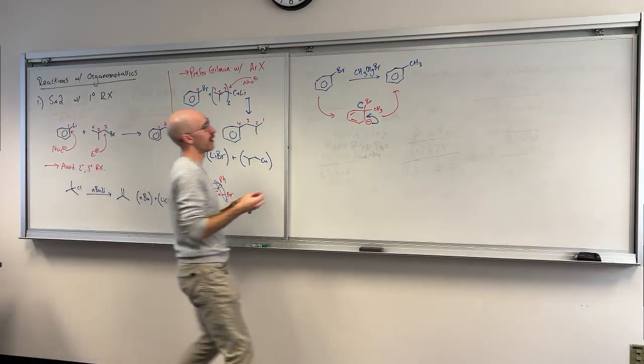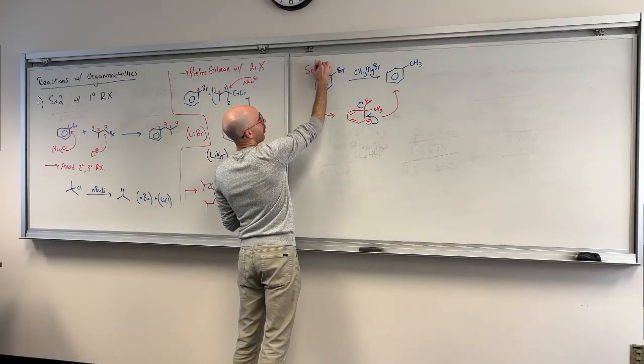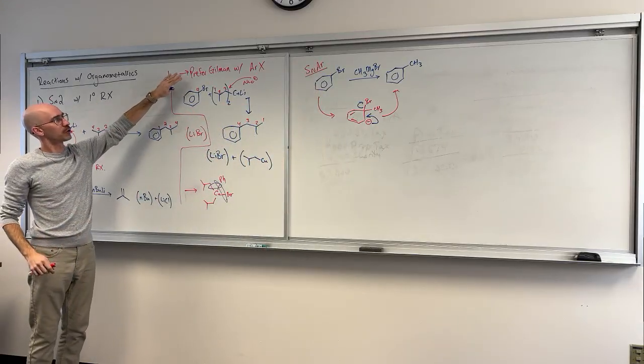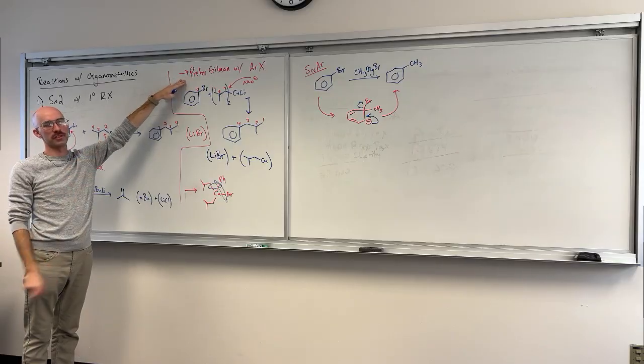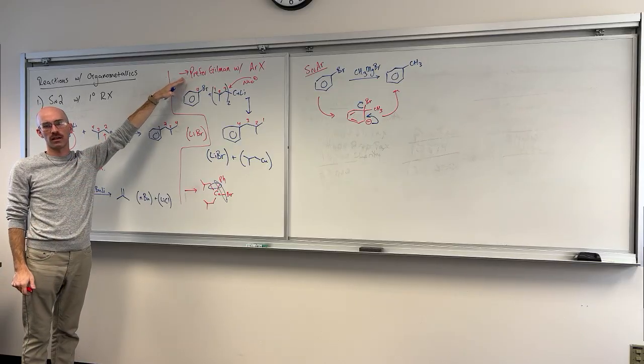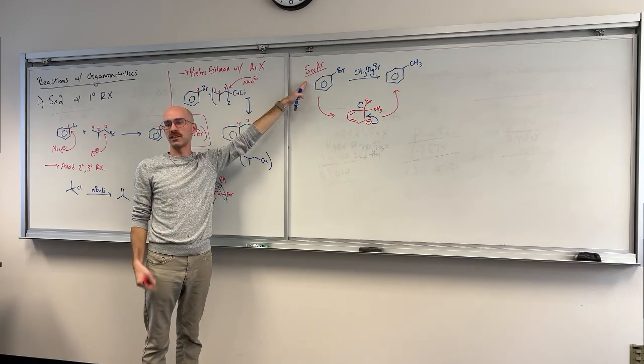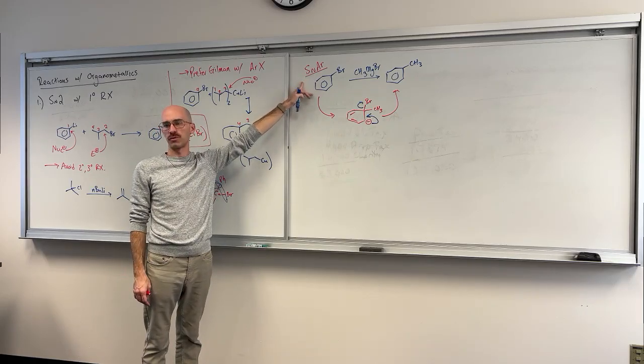SNAr. So what I'm trying to say is there are people out there that would like to say, try to use a Gilman if you're going to do substitution on an aromatic ring. But I do feel like it's plausible to show substitution on an aromatic ring with this.